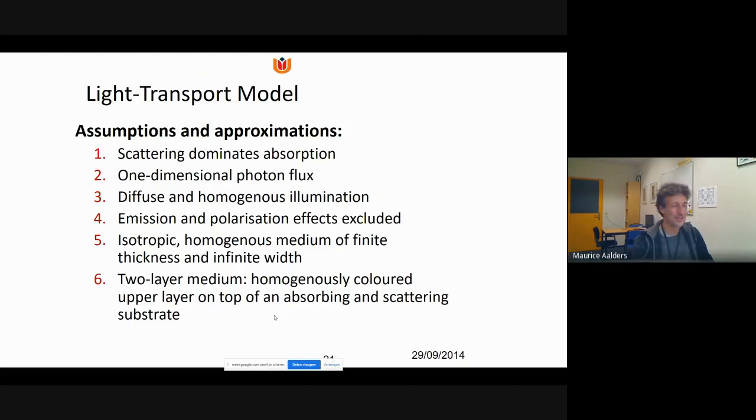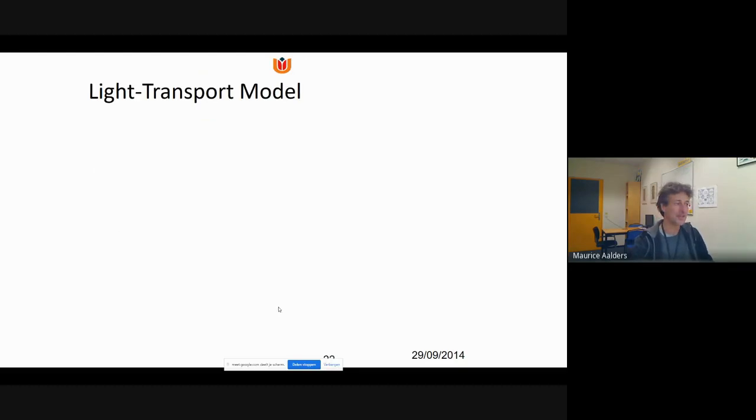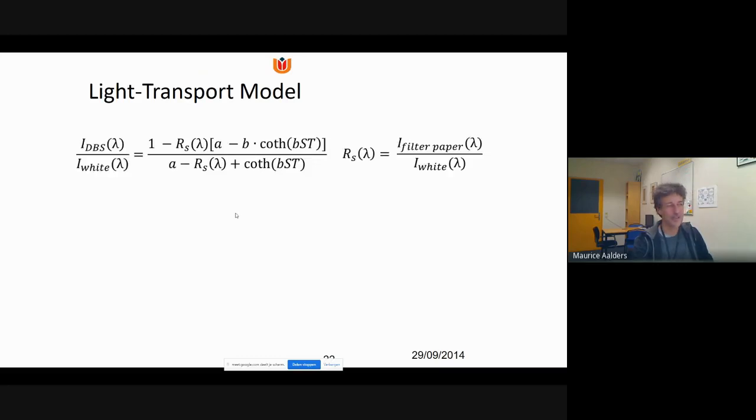And for us, it's a two-layer medium, so we have a two-layered Kubelka-Munk model. And it looks a bit like this. It doesn't matter so much. This is like the end result of this derivation, where RS in this case is the measurements on the substrate, in this case filter paper, versus a white reference.